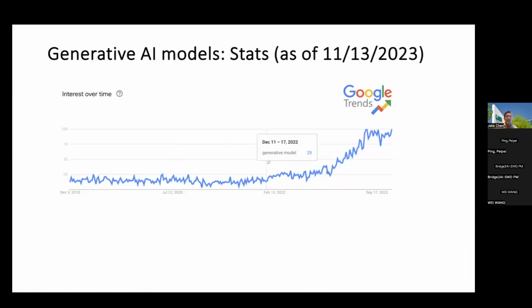But if you look at the generative AI model according to Google Trends, generative AI as a search term wasn't popular until only about 18 months ago. And I would say that mostly it's driven by the ChatGPT 3.5 launch.